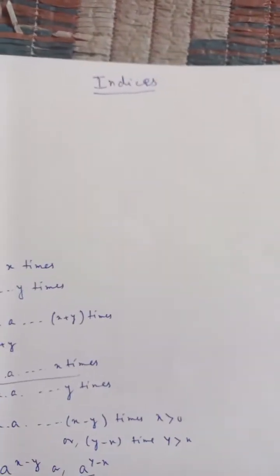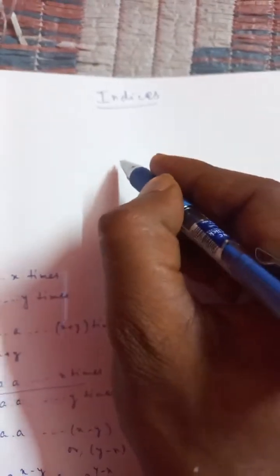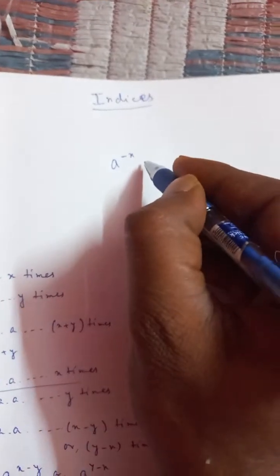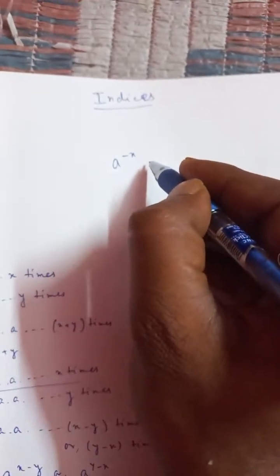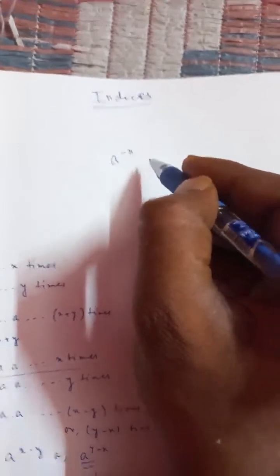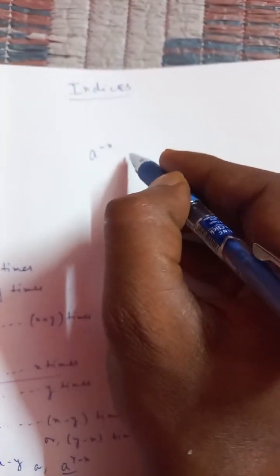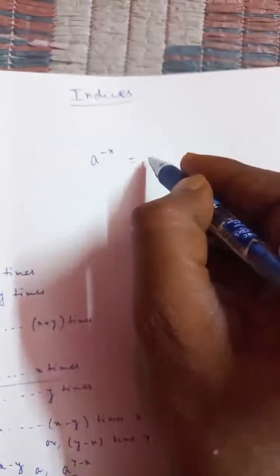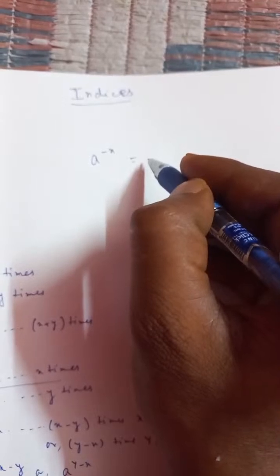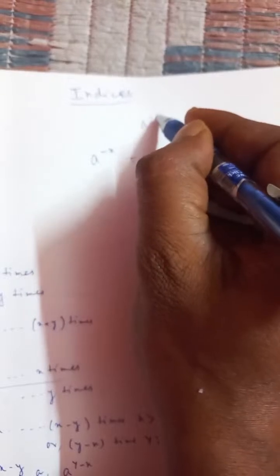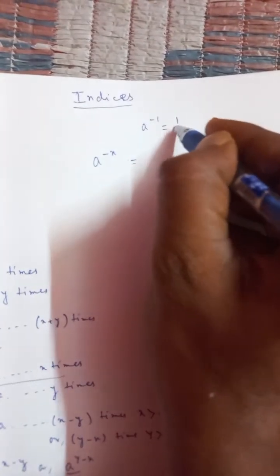Now, if we have a to the power minus x, then what can we do? Again, write down a to the power minus 1 is taken as 1 by a.